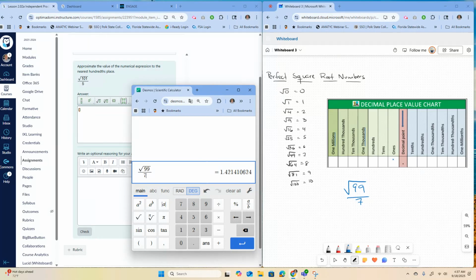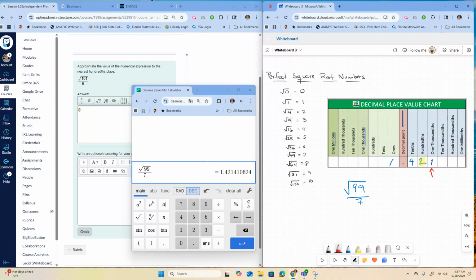So it says 1.4. Now, since they want me to the hundredths place, I'm going to stop at the hundredths place, so 2. But to do the rounding, I need the next digit, which is the 1. So I'm going to put the 1 here. And now I'm going to do the rounding. I'm rounding to the hundredths place where the 2 is. The way I do the rounding, I need to look at the digit to the right.